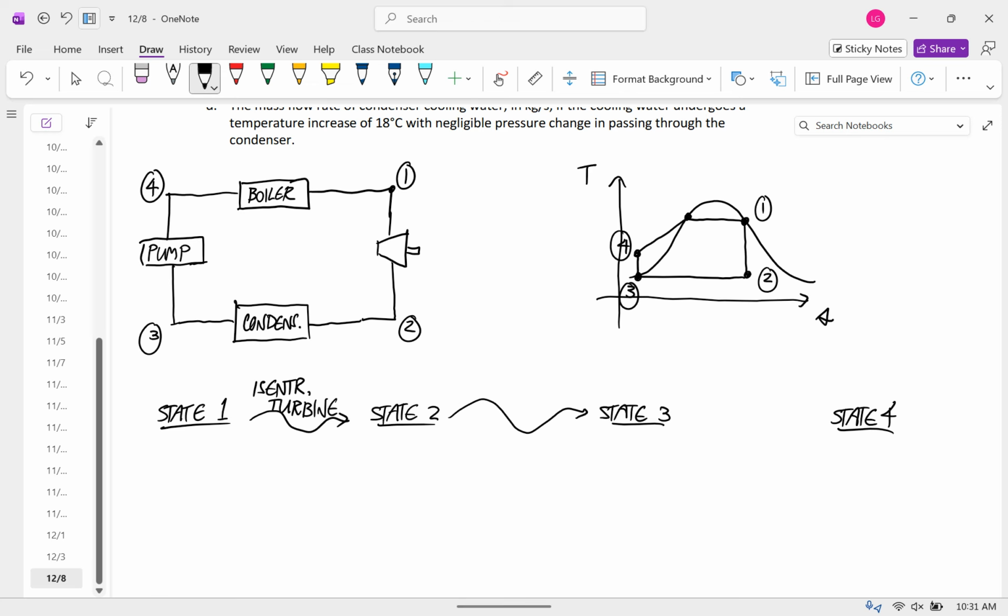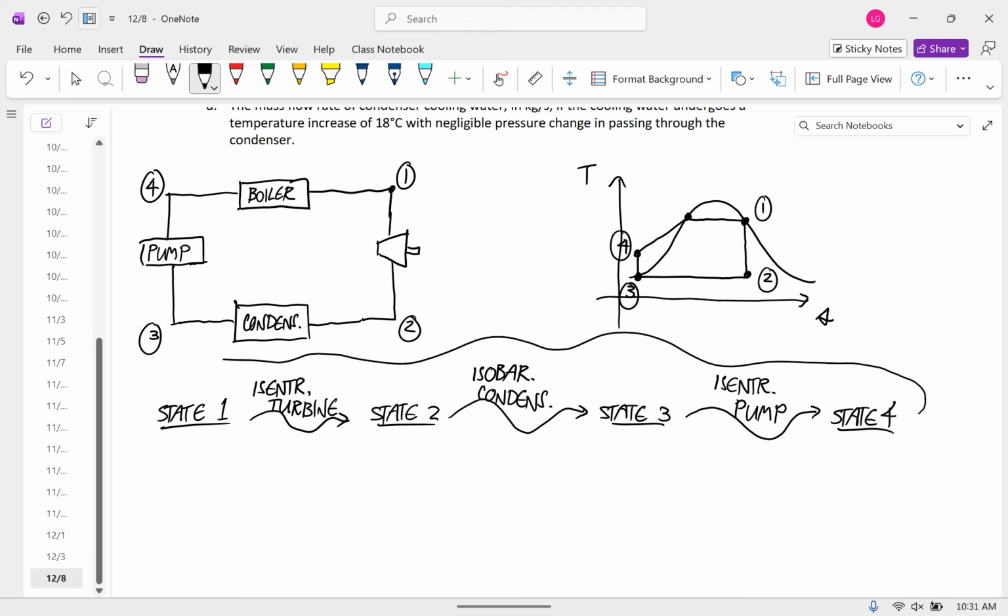From state 2 to state 3, that's going through the isobaric condenser. From state 3 to state 4, that's going through the isentropic pump. And then from state 4 back to state 1, that's going through the isobaric boiler.